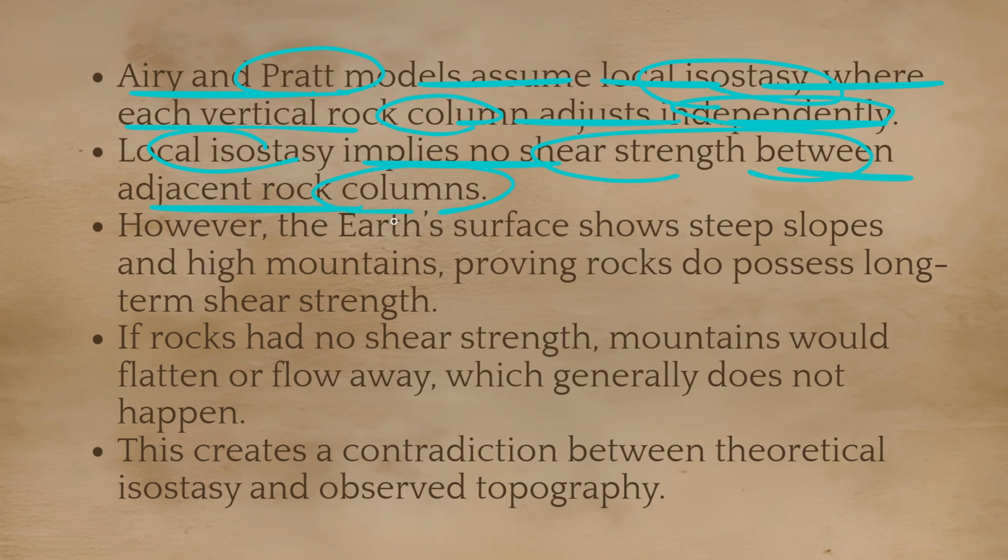So if local isostasy happens, meaning isostasy is happening in every vertical rock column, it implies that there will be no shear strength, because isostasy happens if you have a liquid structure, and if that happens locally at each and every vertical rock column, it implies no shear strength, because how will rock resist its deformation if it's in fluid form.